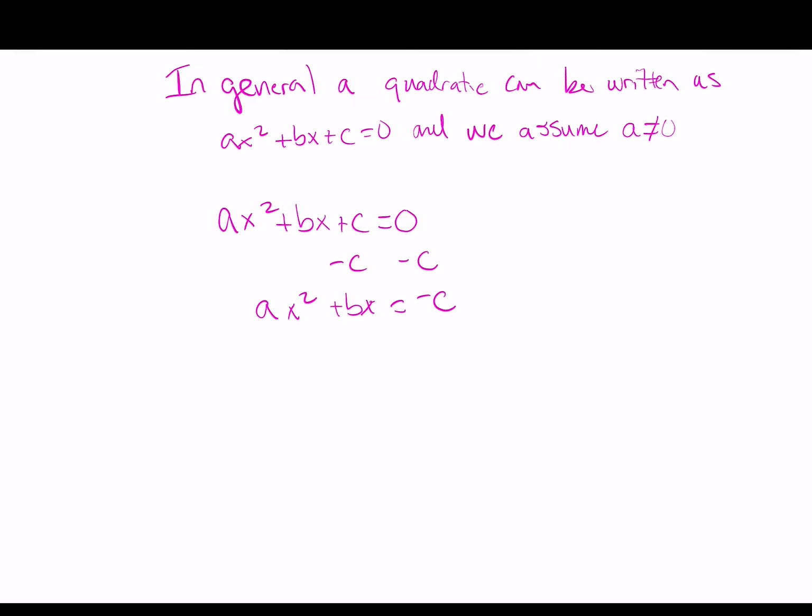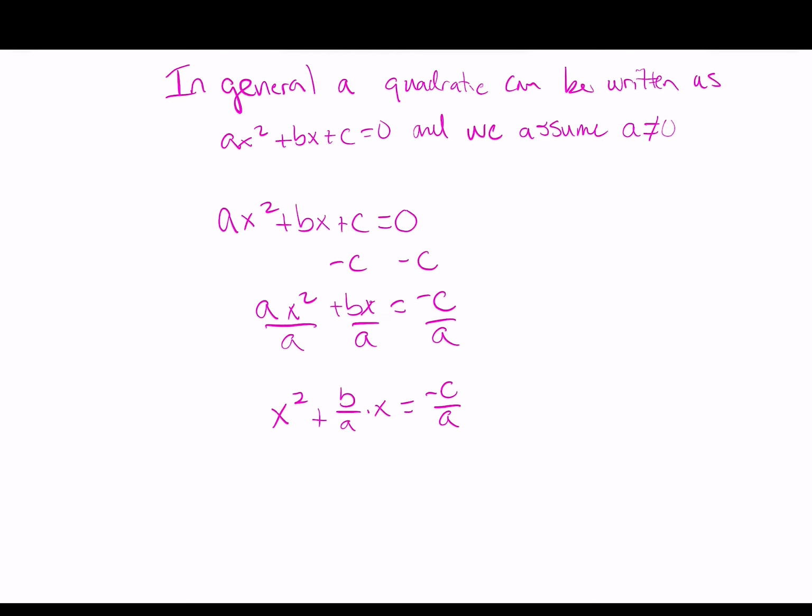Then what we want to do is divide through every term by a, to get x squared plus b over a times x is equal to negative c over a.